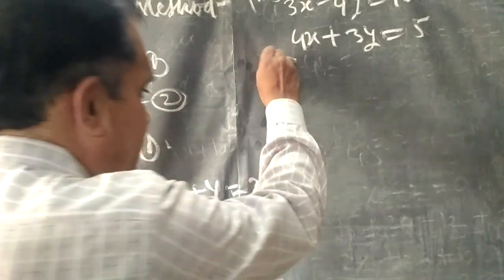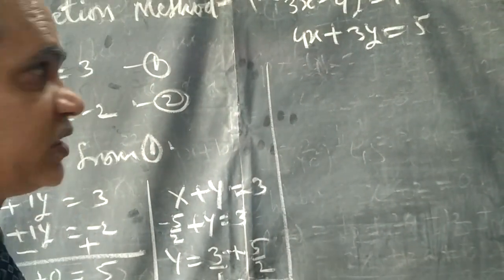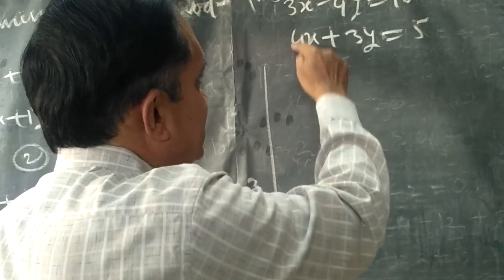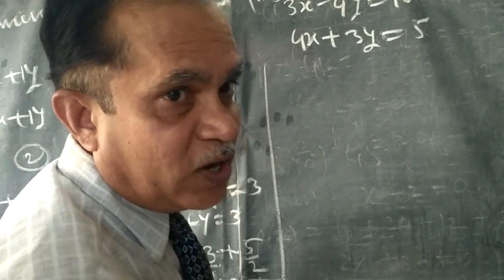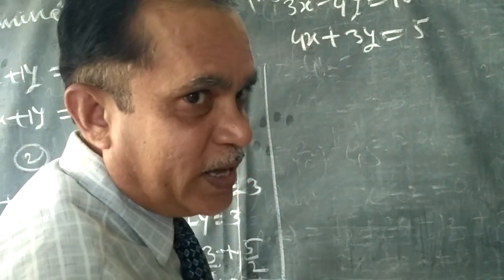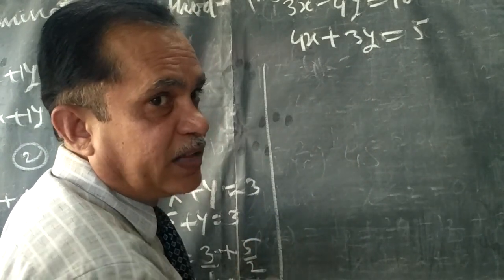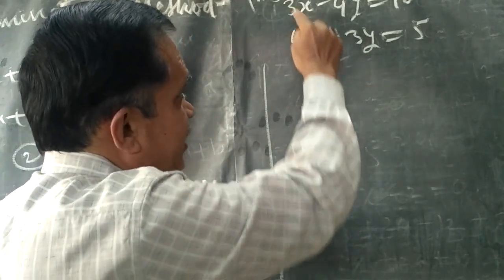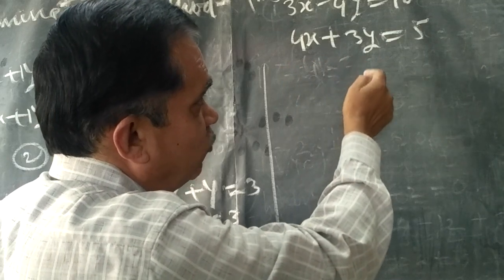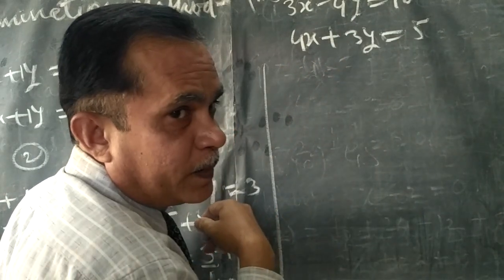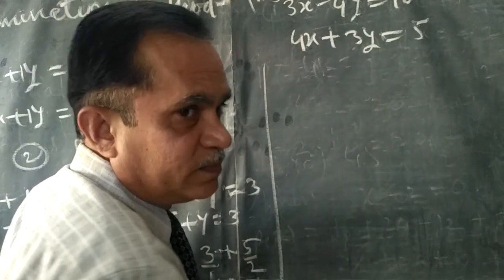Now let's look here. What is the first step? Look at the variables and check whether the coefficients are different. So we cannot eliminate directly. Then we have to make their numerical coefficients equal. Either make the numerical coefficient of x equal or that of y equal. What is the numerical coefficient of y here? Yes, 4 and 3.